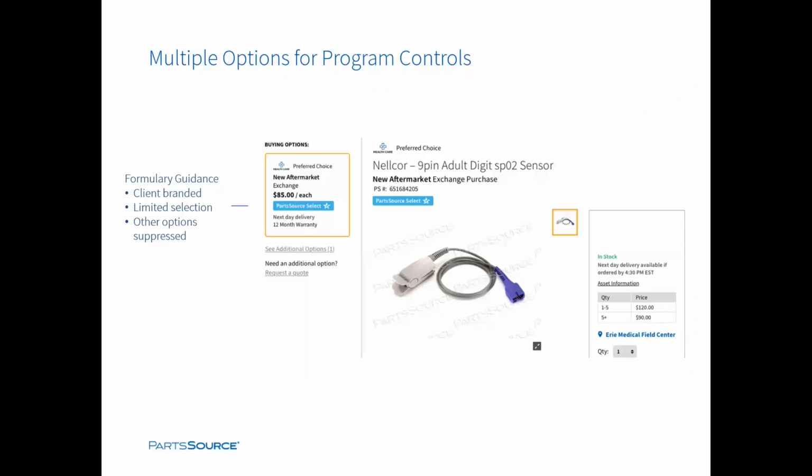Not only will we have the current ability to suppress other options in terms of OEM original or OEM alternative, we can show only the formulary choice, but we can also brand the formulary choice as our client's preferred option. This branding and tagging makes it clear to the end user that this choice is the organization's approved option and the one that they should be purchasing.